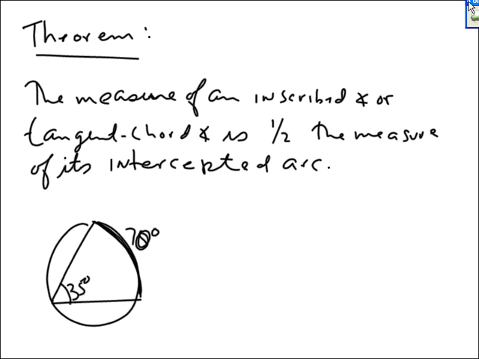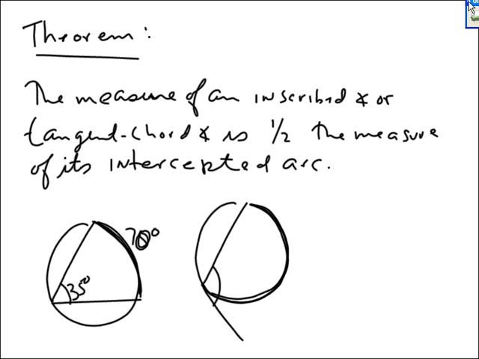Same thing if you have a tangent chord, a tangent line and a chord. This angle intercepts this big arc. If this big arc is 210 degrees, then this angle is half of 210. It's 105.